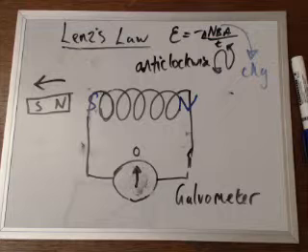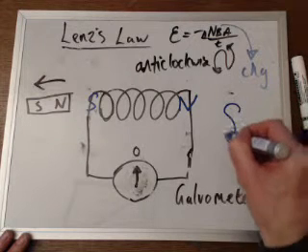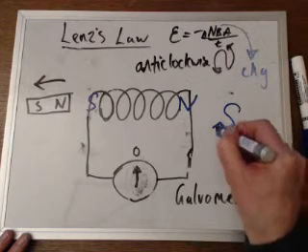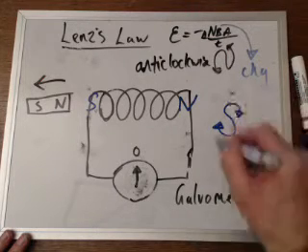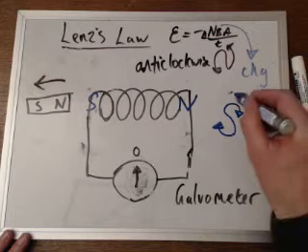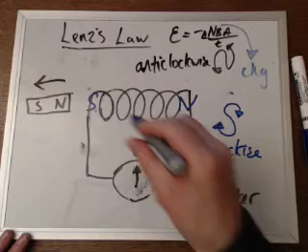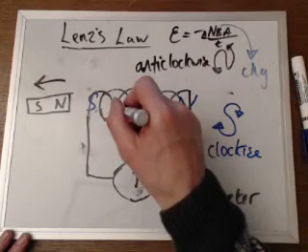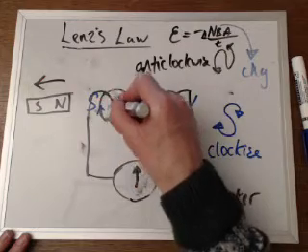Okay, so the south pole there. We draw an S to show you, and draw arrows on the end to show you the direction of the south pole is in a clockwise direction. So if we look from the top, the electricity is moving in a clockwise direction, like that.